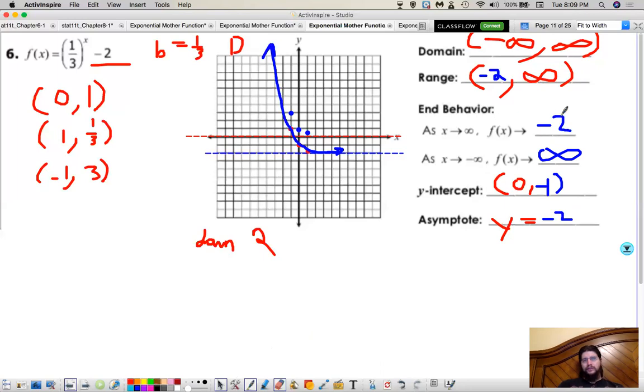So if you notice, the range, what the end behavior approaches, and what our asymptote are all very much related. In fact, they're going to be the same. Whatever our vertical shift is will be controlling our range and the end behavior and the asymptote.